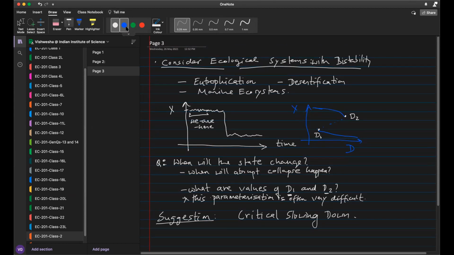How do we know what to measure? That's another great question. Let's say you have the measurement of X as a function of time, that somebody has given you.